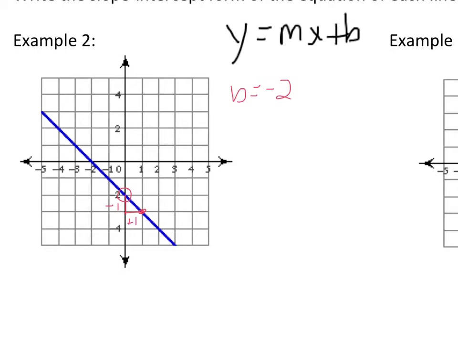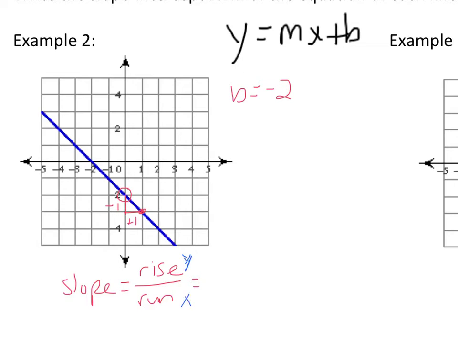Now again, slope is also known as rise over run, or change in y values over change in x values. So if I say, what did I do to get from one point to the next? My rise is up and down, that's my y values. My run is my x values.